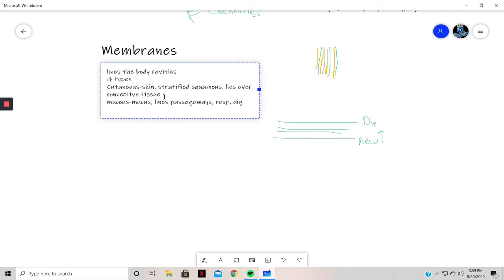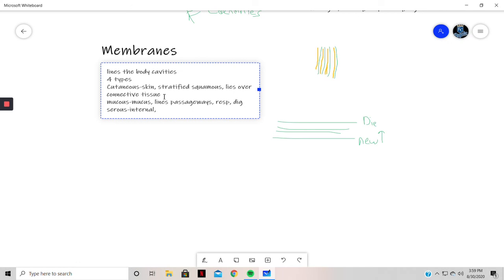That's type 2. 2 more to go, and then we will be done. Serous, and I mean very serious. I couldn't resist there. But serous membranes, this is the internal stuff we're talking about. A lot of the mucous stuff leads to the outside, or there are openings that the outside can interact with. But the serous, that's the internal.